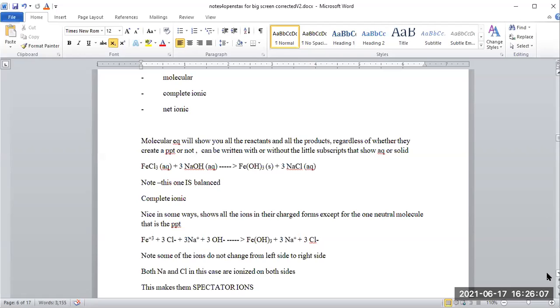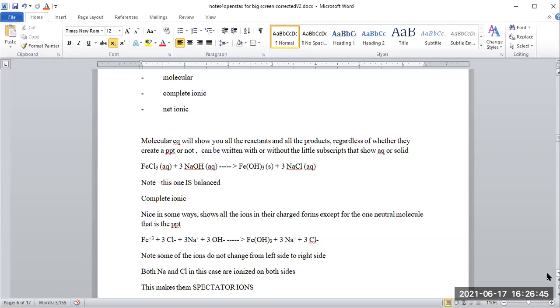So when I write a complete ionic, it is the only molecule that does not show its charges. Make sure you are keeping track of both charges and coefficients. Looking across my complete ionic here, I have 1 atom of iron, but because I had 3 sodium hydroxides, I have 3 sodium ions, and I have 3 chloride ions, and I have 3 hydroxides.